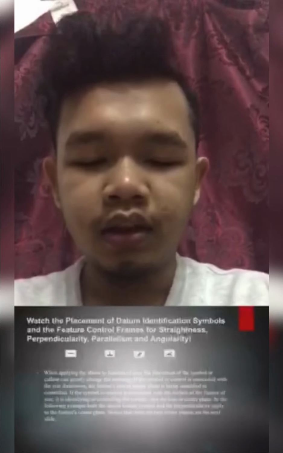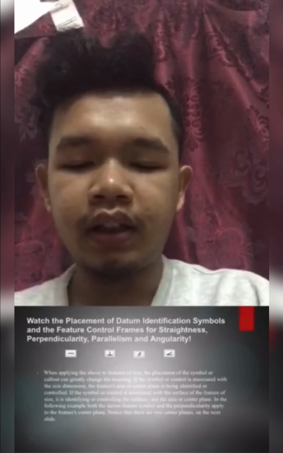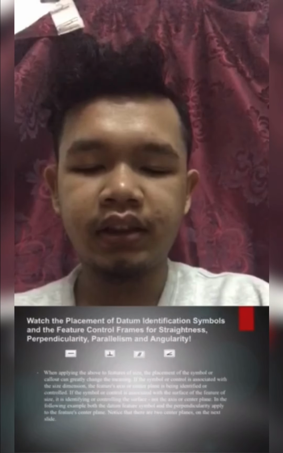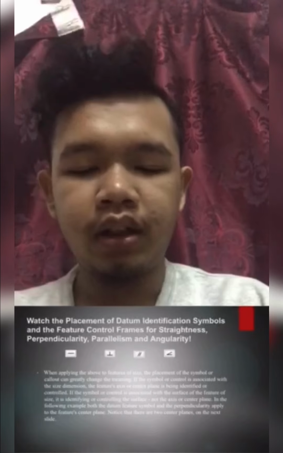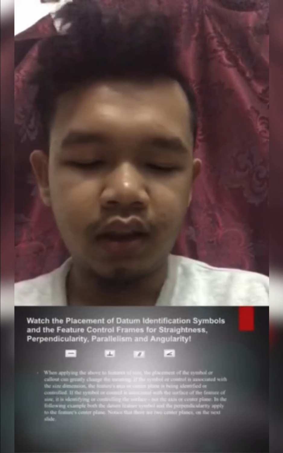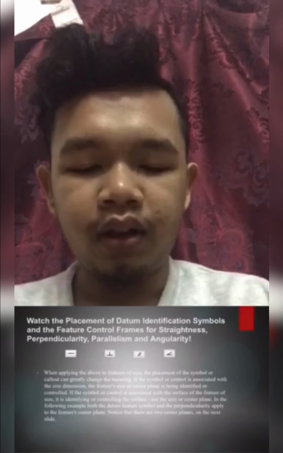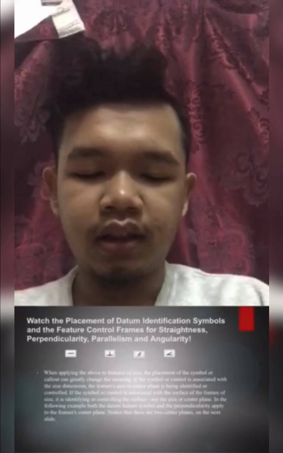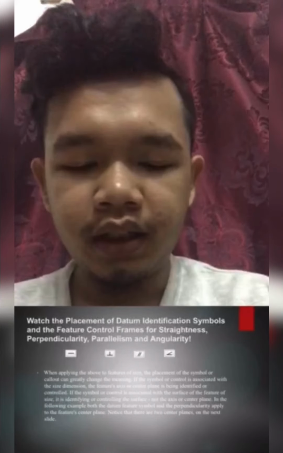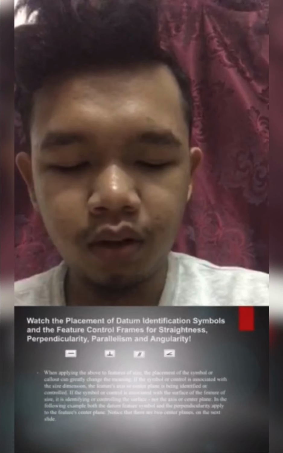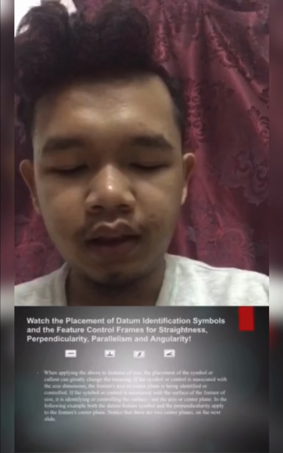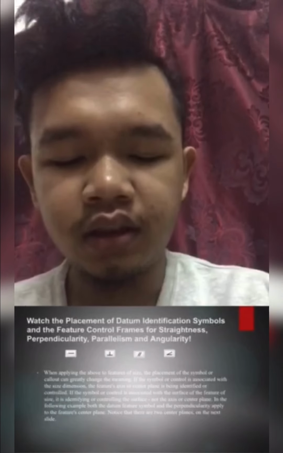What is the place of the datum in the identification symbol and the feature control frame for straightness, perpendicularity, parallelism, and angularity? Okay, I will explain this. When applying the above two features of size, the placement of the symbol or callout can greatly change the meaning.